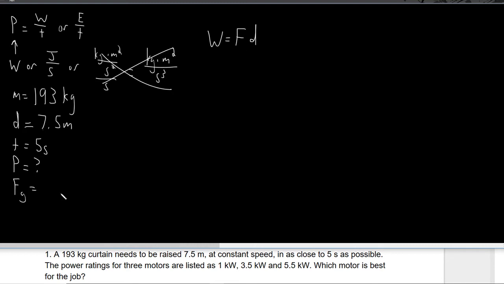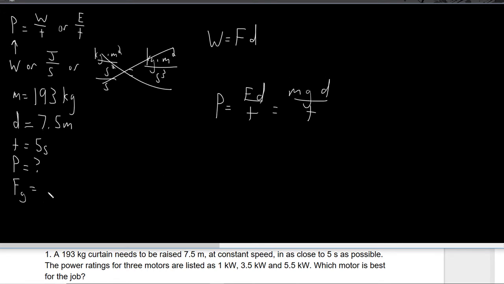So, let's go through. We can now either substitute this in here. Like we could do power is equal to force times distance over time. And the force of gravity we know is mass times acceleration of gravity, times distance over time. We could do that. That's easy enough to do. In fact, I just have it solved there.